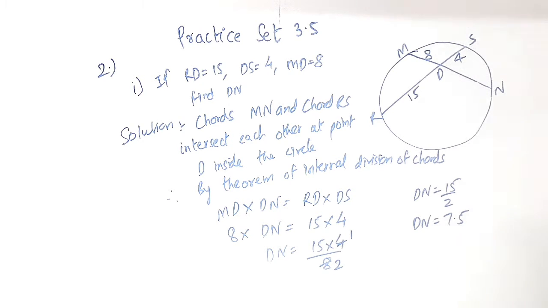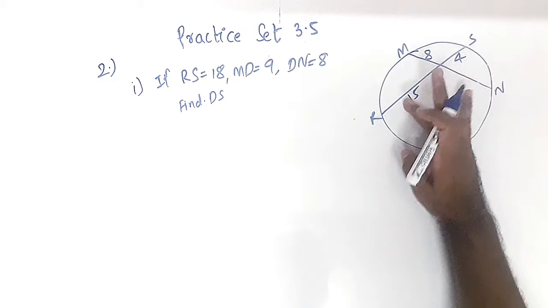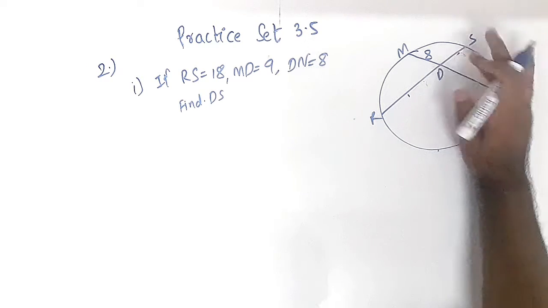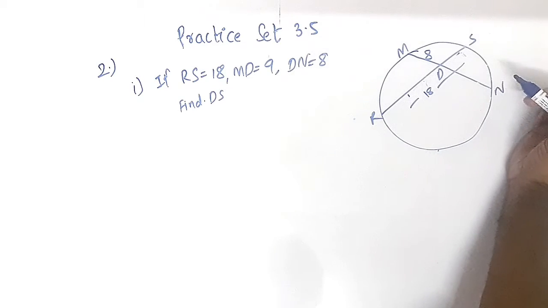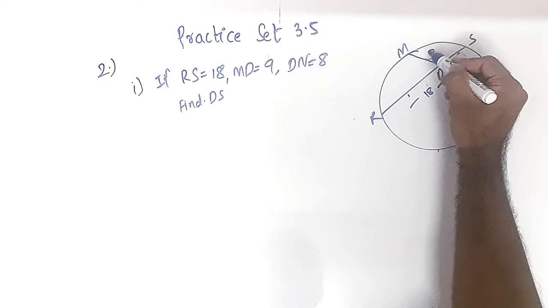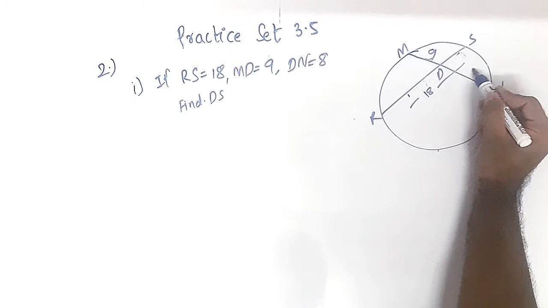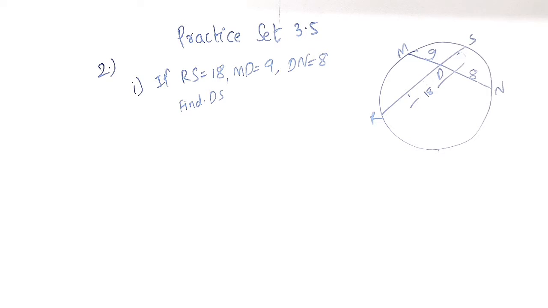Then in part 2 of this sum we are given RS. RS is how much? RS is 18. Full RS is 18. Out of that MD is 9, DN is 8. So we have to find DS.